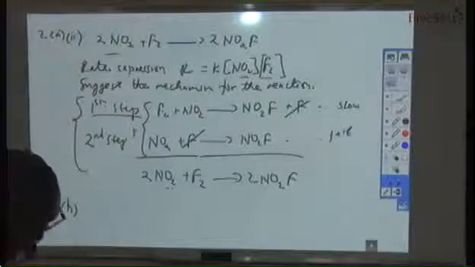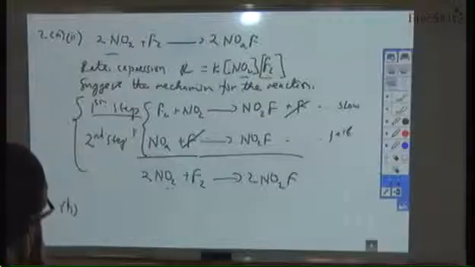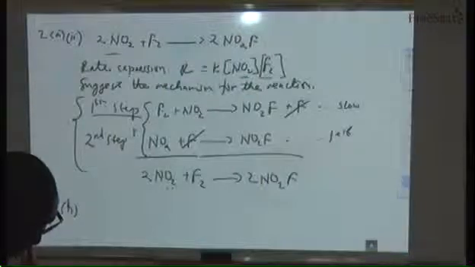2B. Briefly explain the following theories. Briefly explain how the following theories describe the rate of chemical reactions.